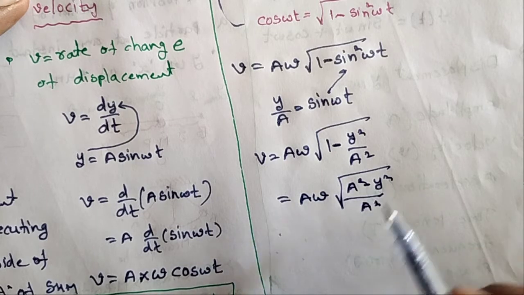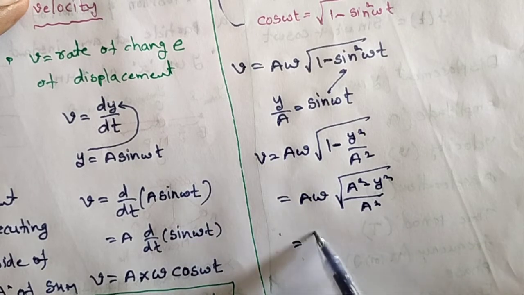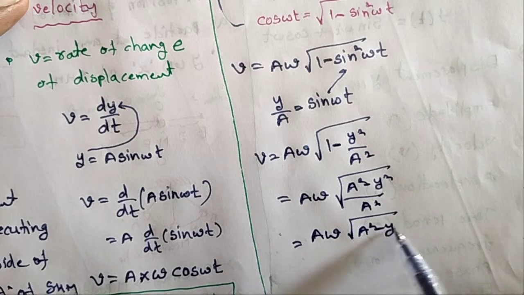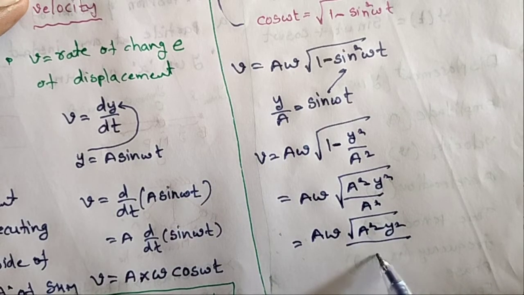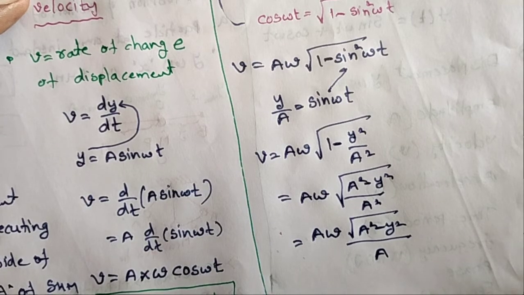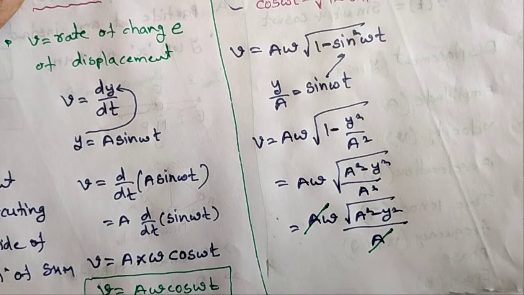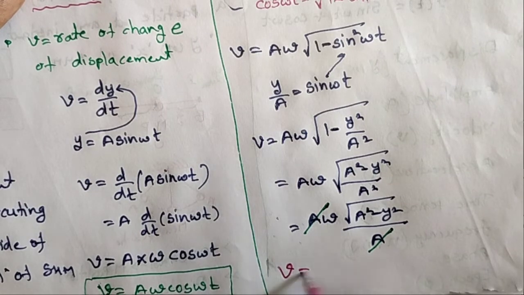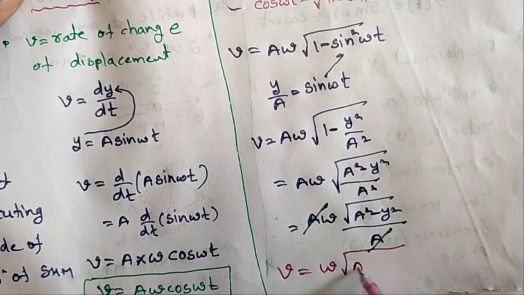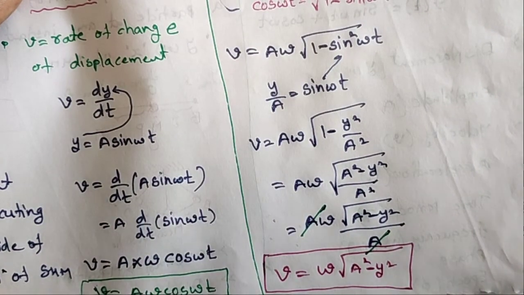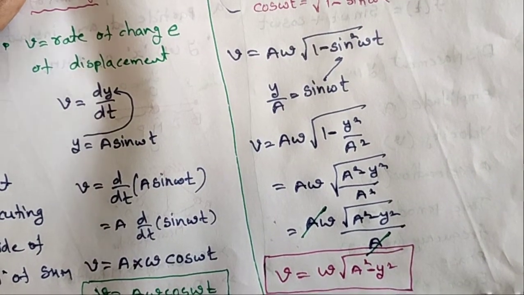The a square comes outside as a, and a cancels. What is the final equation of the velocity? v is equal to omega into under root of a square minus y square. This is another equation of the velocity with respect to amplitude.